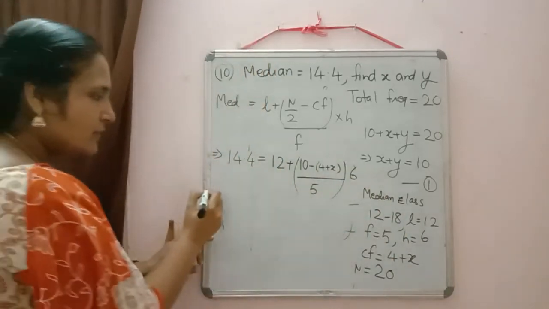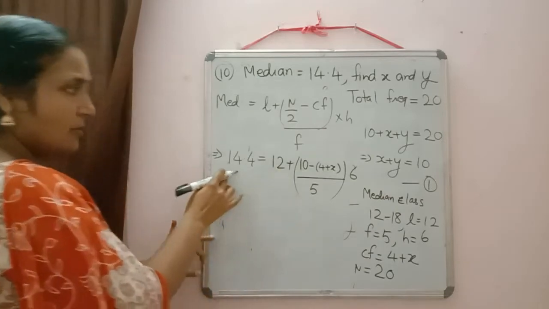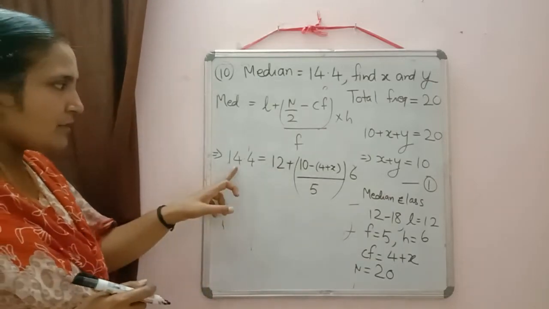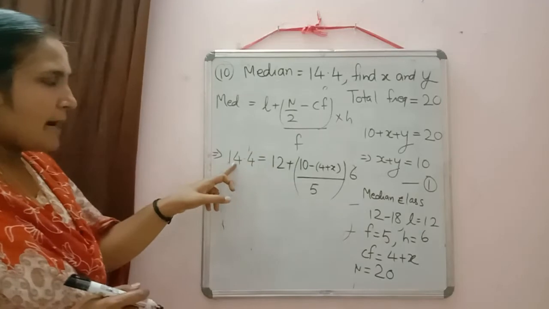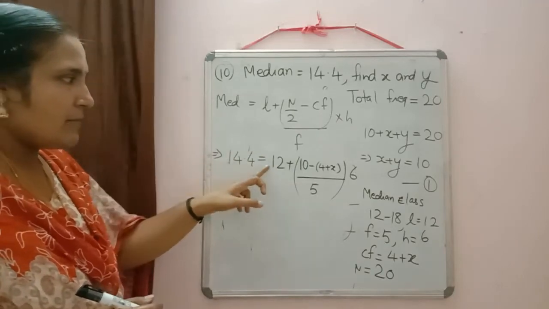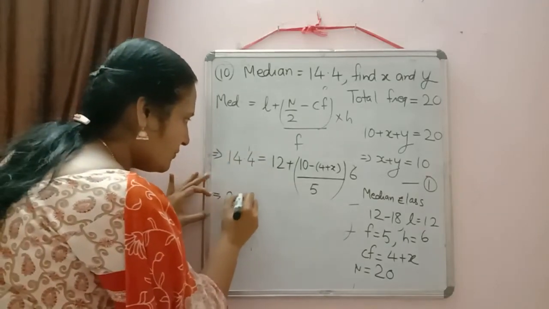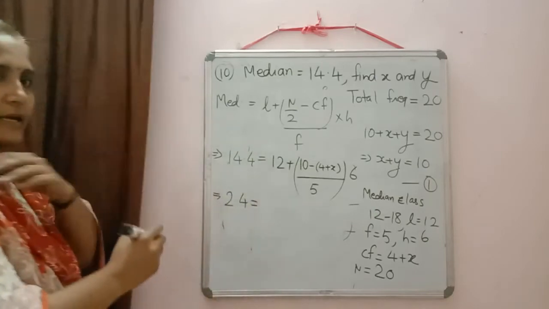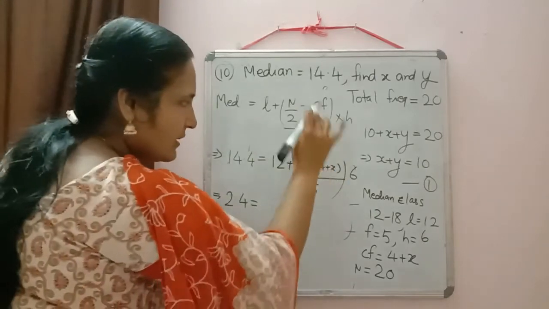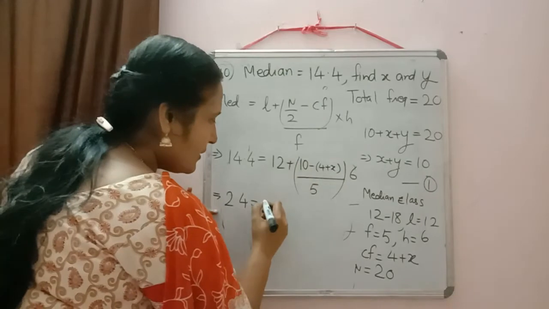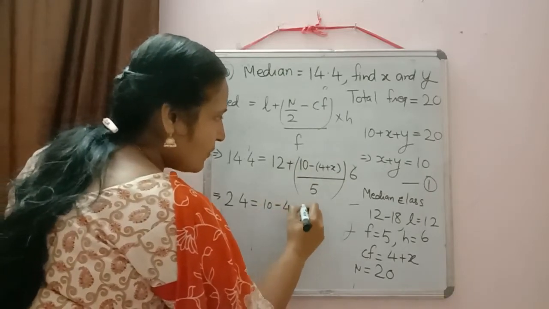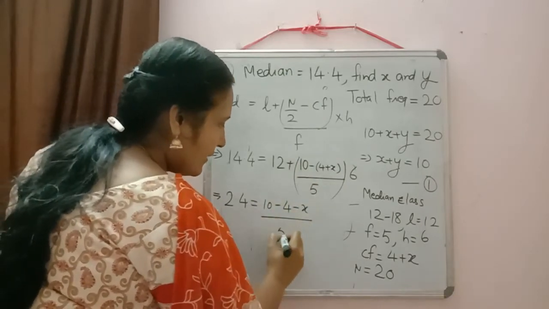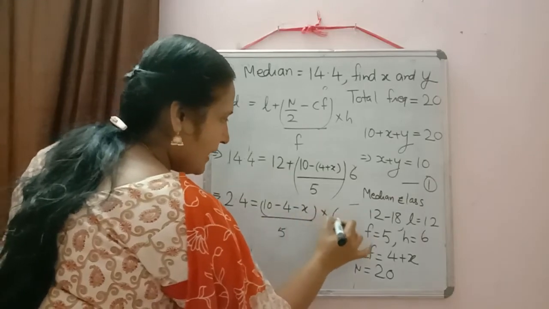Now what we will do? First we will shift 12 to the left hand side. So it will be equal to 14.4 minus 12. So 14 minus 12 will be equal to 2. So we will get 2.4 is equal to. Now here we can remove the bracket. So it will be equal to (10 minus 4 minus x) by 5 multiplied by 6.